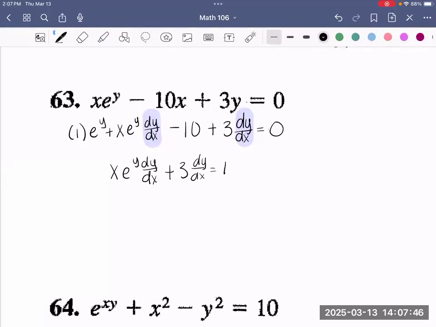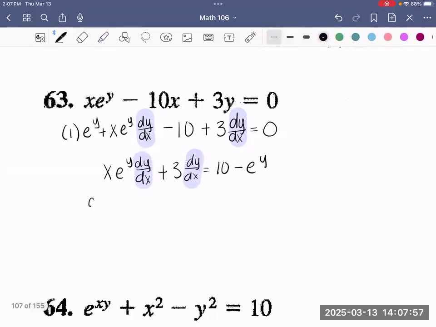That 10 can move over, and then we'll subtract the e to the y over. Now, because you have two of these dy dx's, to go from 2 to 1, we get to factor out your dy dx. Then you're left with x e to the y plus 3.